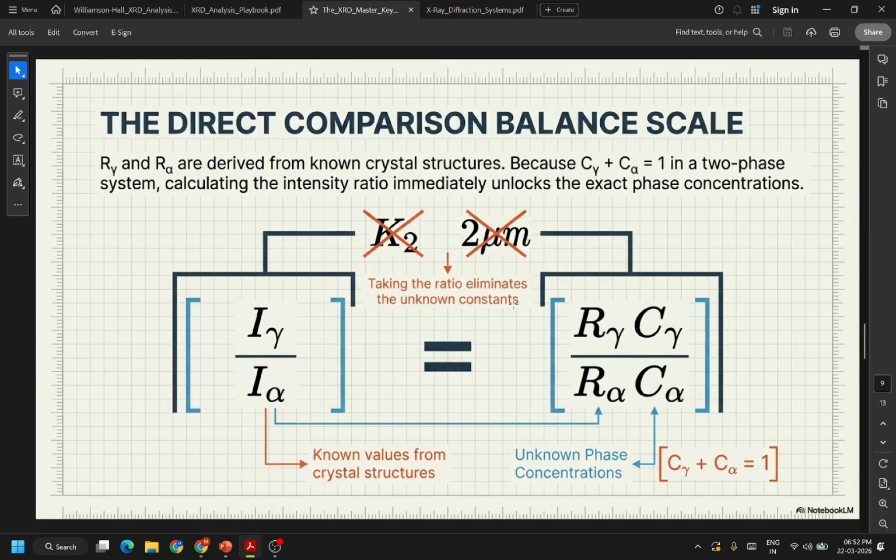R gamma and R alpha are derived from known crystal structures, and in a two-phase system, C gamma plus C alpha equals 1. Once we calculate the ratio, we can immediately get the exact phase concentration.